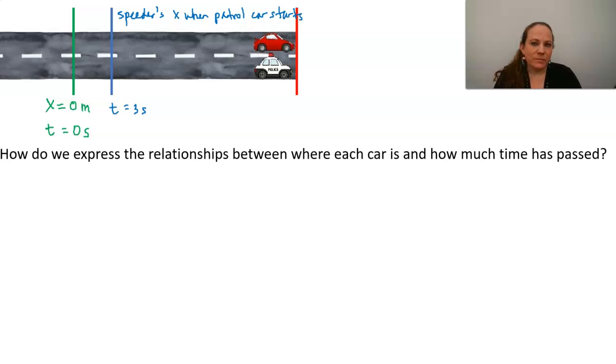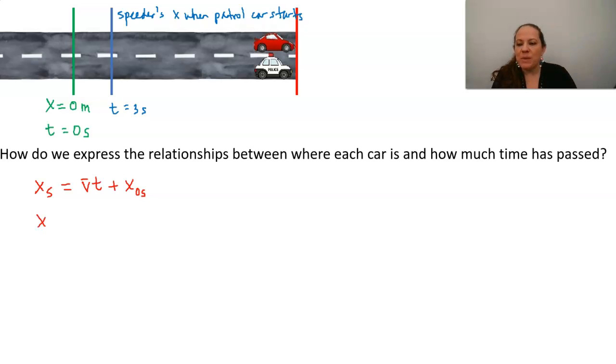So let's express these position-time relationships with our mathematical models. Our speeder, of course, is constant velocity. So that's just going to be average velocity times time plus the speeder's initial position. I'm going to mark it x, not s, because it's the speeder.